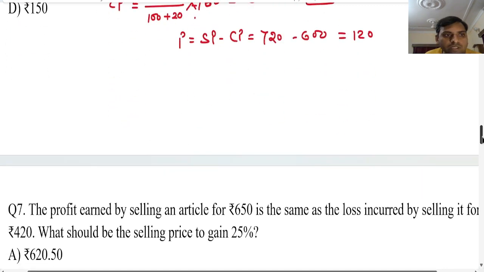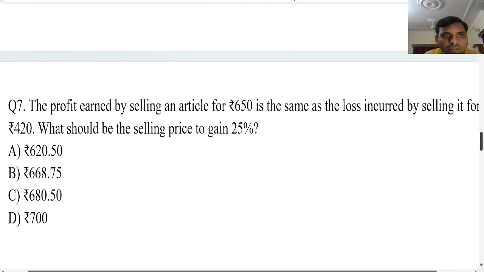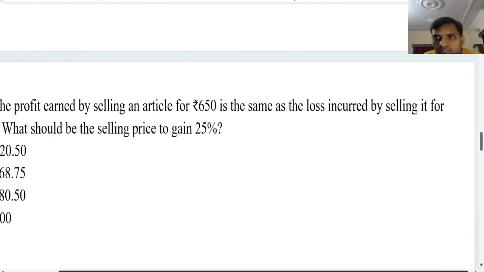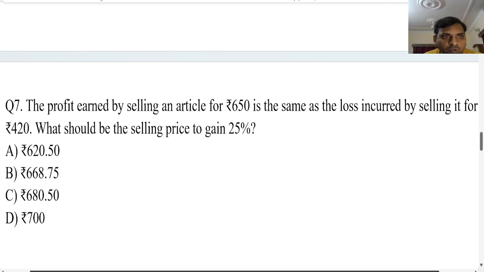Now the next question, number 7. The profit earned by selling an article for 650 is the same as the loss incurred by selling it for 420. What should be the selling price to gain 25%? So first we need to find the cost price. Suppose this is the cost price. Equal profit, equal loss.